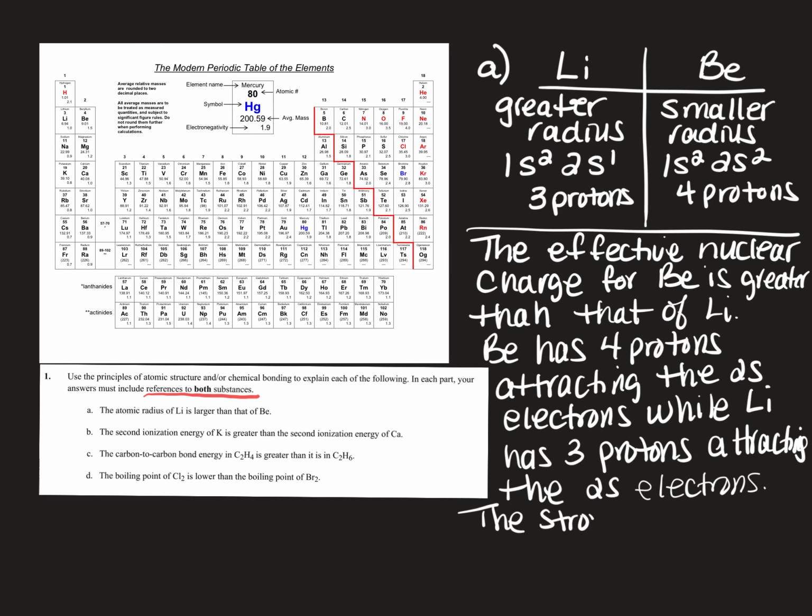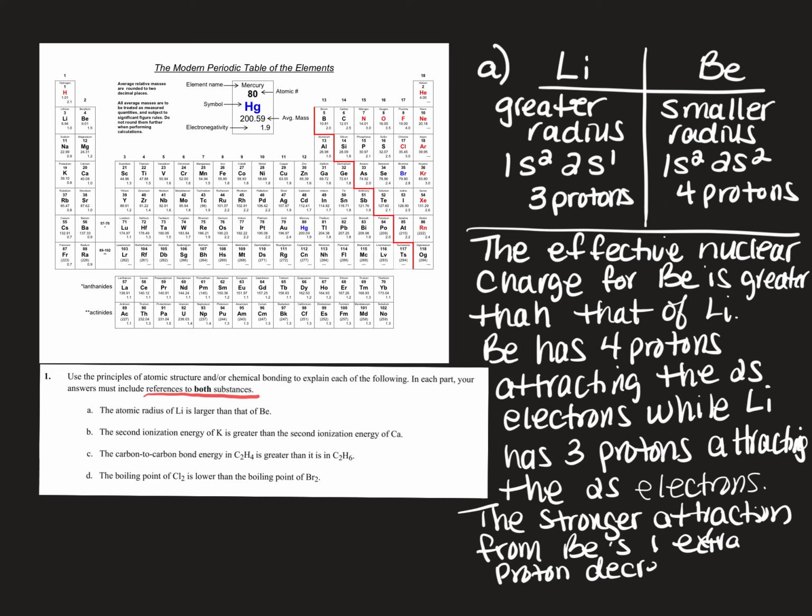The stronger attraction from beryllium's 1 extra proton decreases the radius due to its additional attractive force.